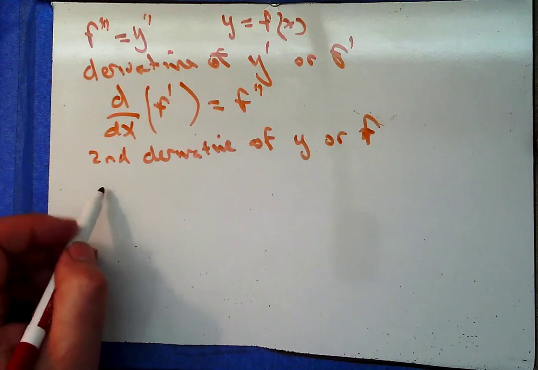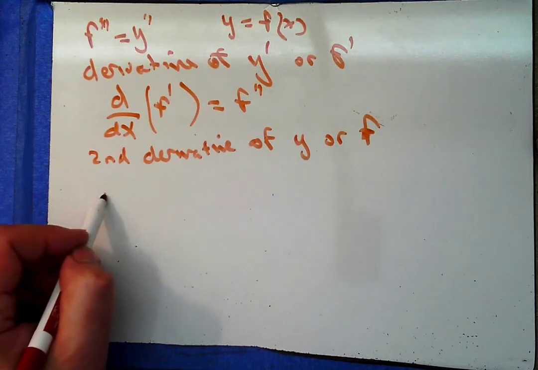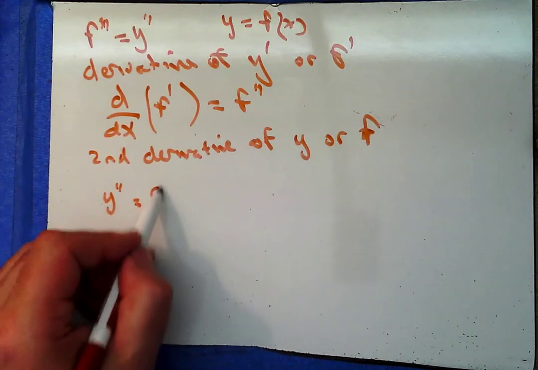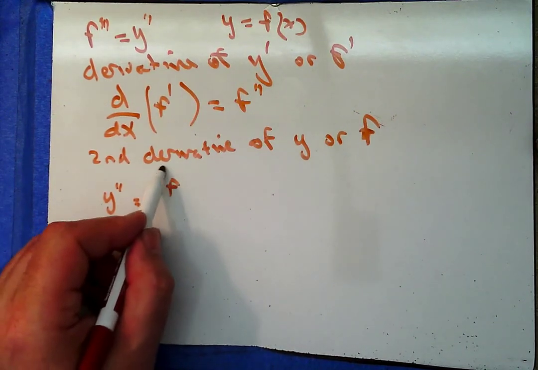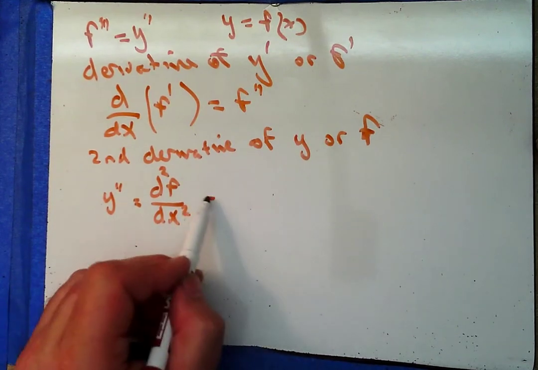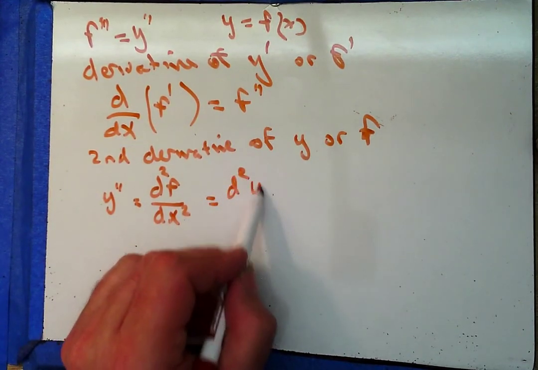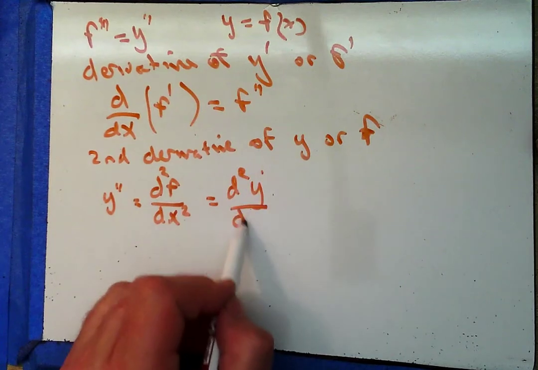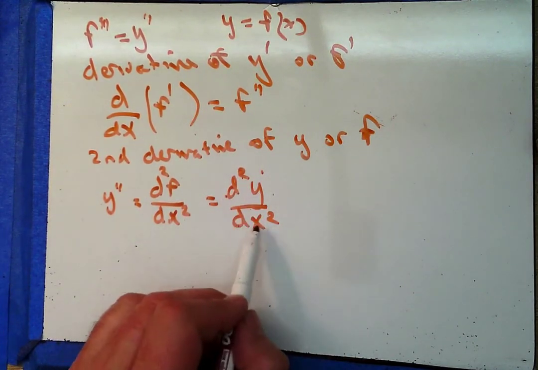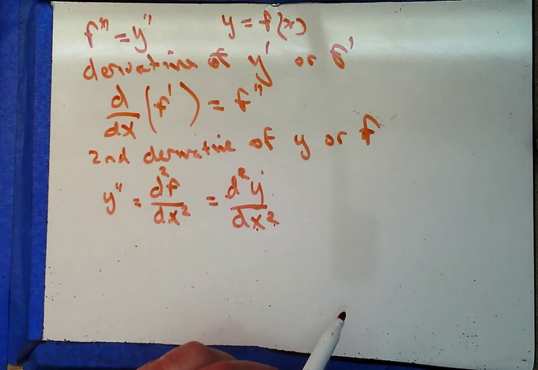We've got a bunch of different notation for that. Not only could we see y double prime, but we might see d squared f over dx squared, or d squared y over dx squared. Take the derivative twice of y with respect to x both times.